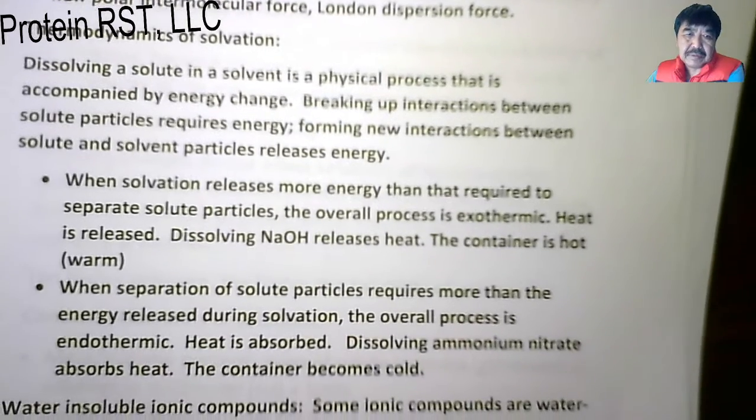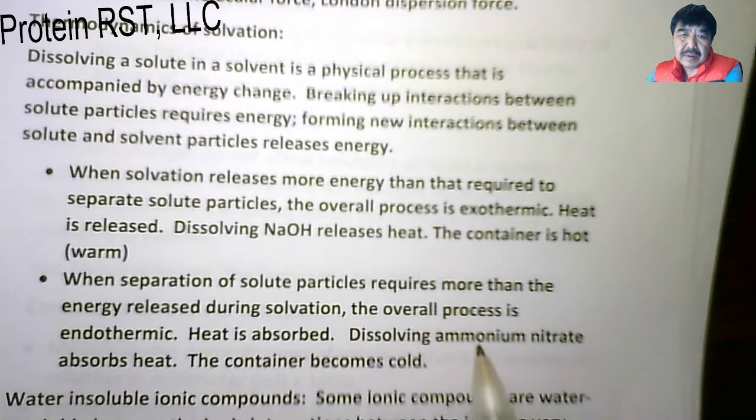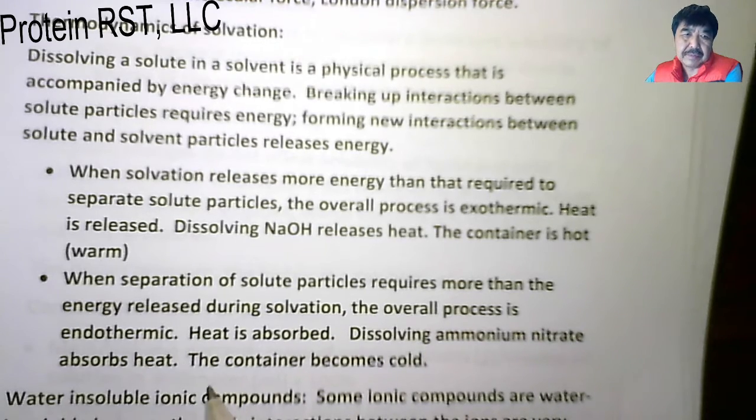When separating the solute particles requires more energy than is released during solvation, the overall process is endothermic. Heat is absorbed. Dissolving ammonium nitrate absorbs heat. The container becomes cold.